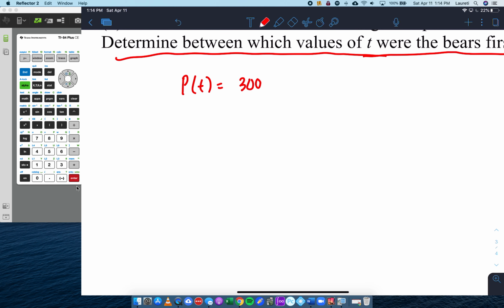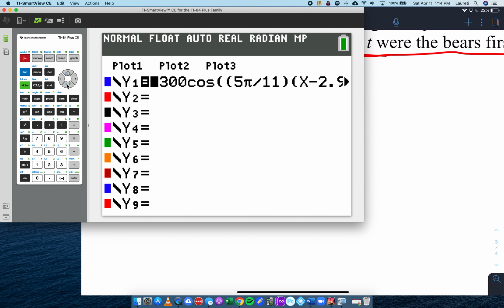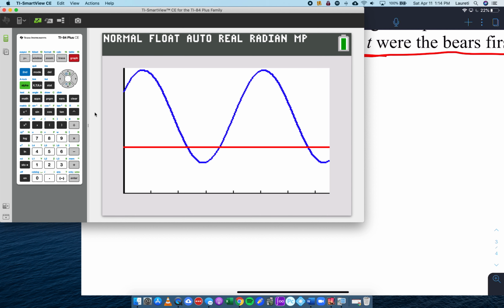Go back to your calculator, go to y equals, and type in 300, then hit graph. This is when they started tracking the population, when t was 0. So when does it hit below 300? Right here.